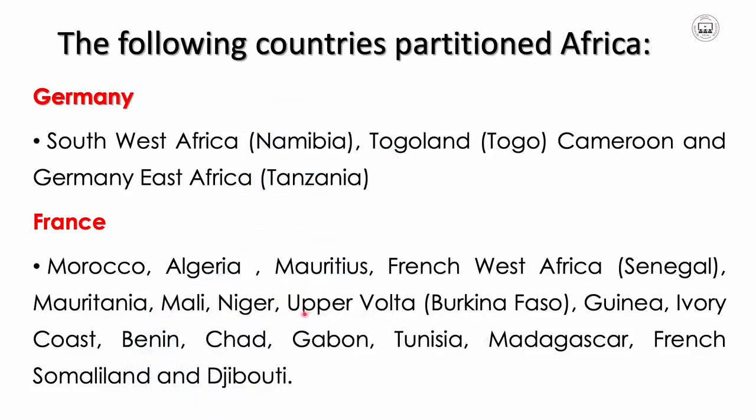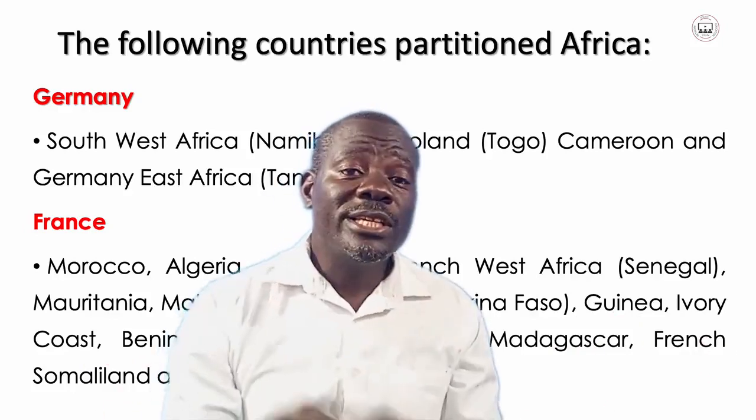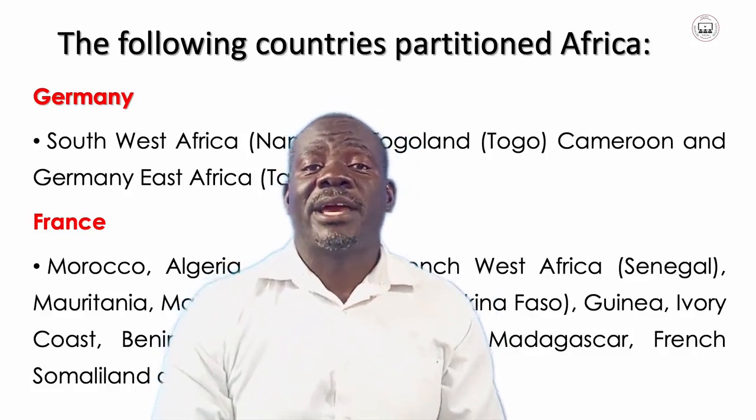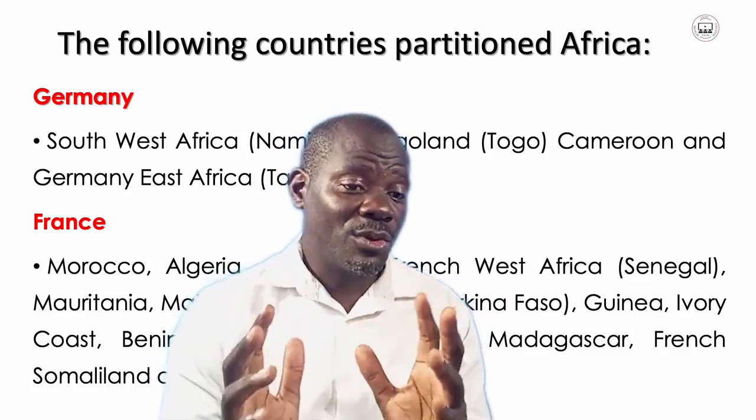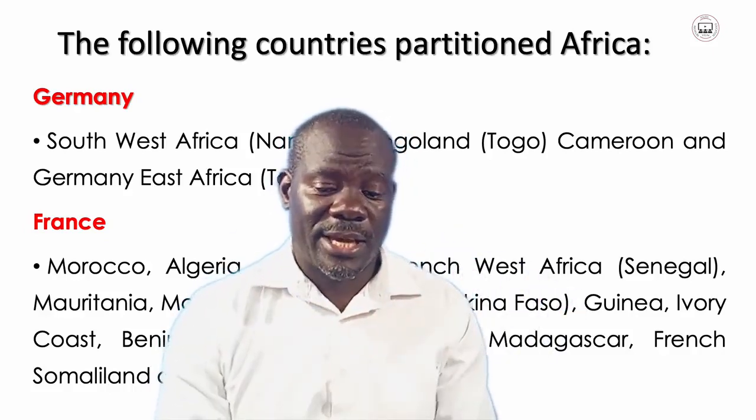Upper Volta, which is Burkina Faso. There was also Guinea, Ivory Coast, Benin, Chad, Gabon, Tunisia, Madagascar, French Somaliland, and Djibouti. All these territories were taken by France. So France had more than Germany, you can see there.